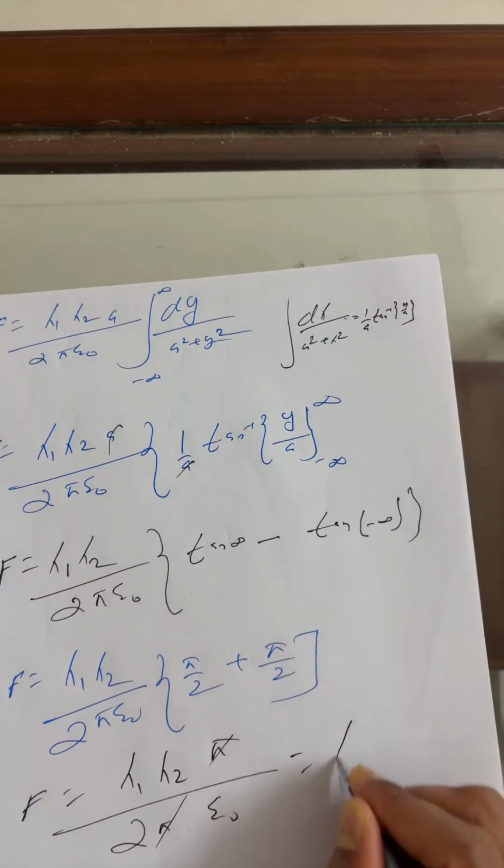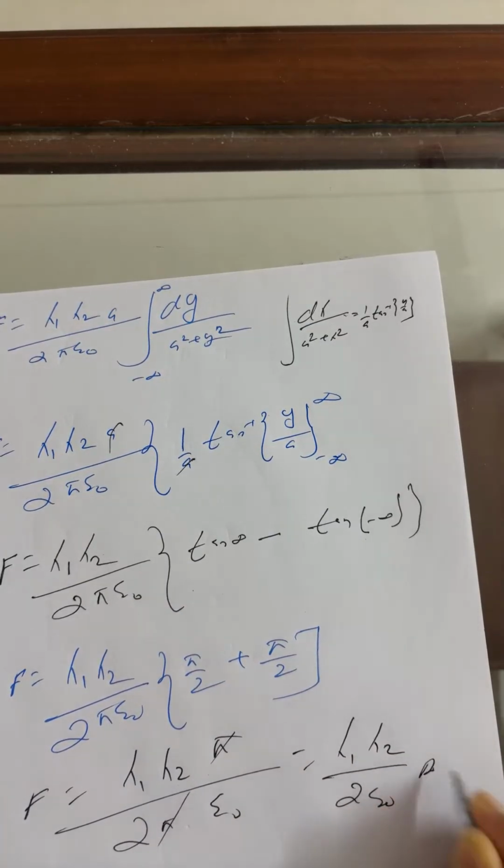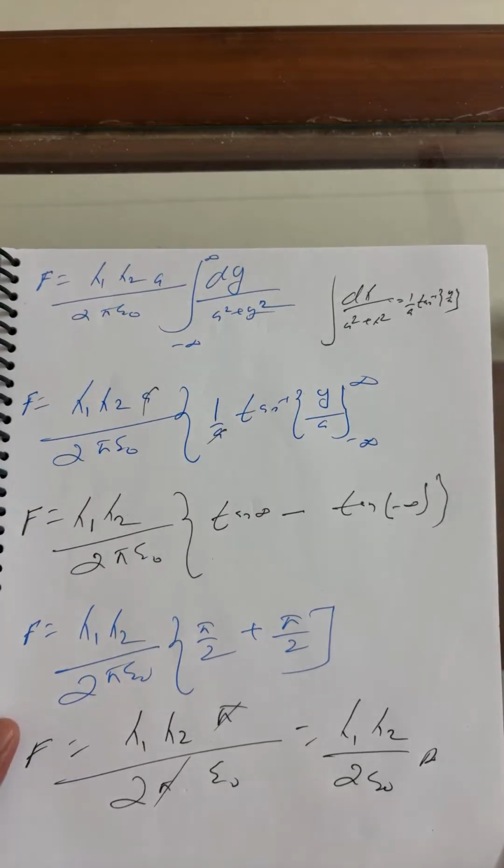Pi cancels here. So you can say lambda 1 lambda 2 upon 2 epsilon naught. Okay, fine. Just the next question, sir.